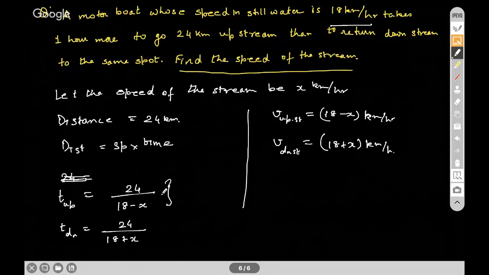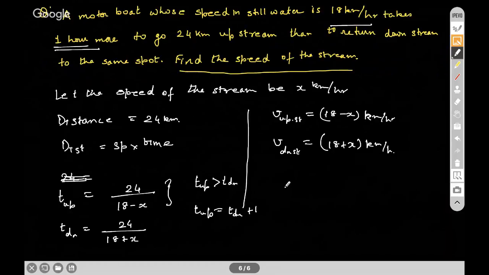Now there is a difference between the two times. Obviously t up will be more than t down, but there's a relationship given. What is that? It takes 1 hour more to go up. That means I can write t up is equal to t down plus 1, isn't it?